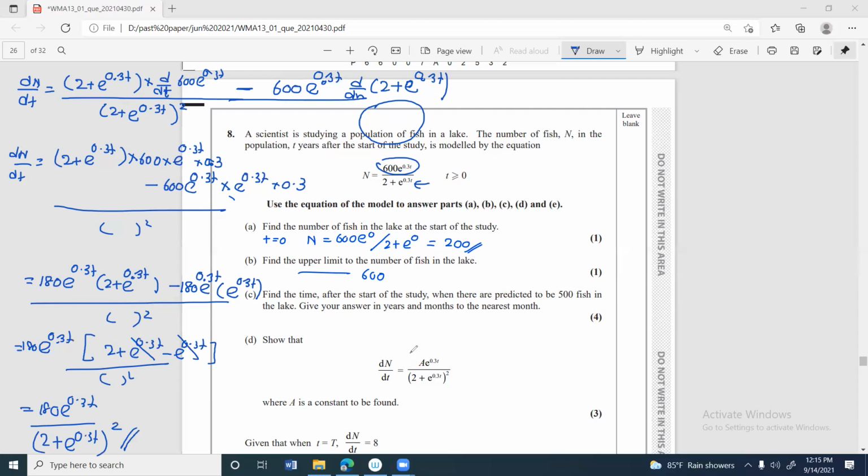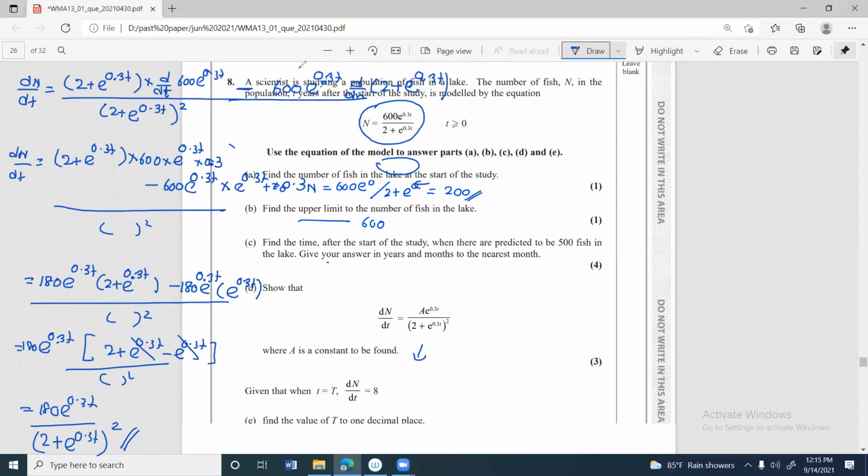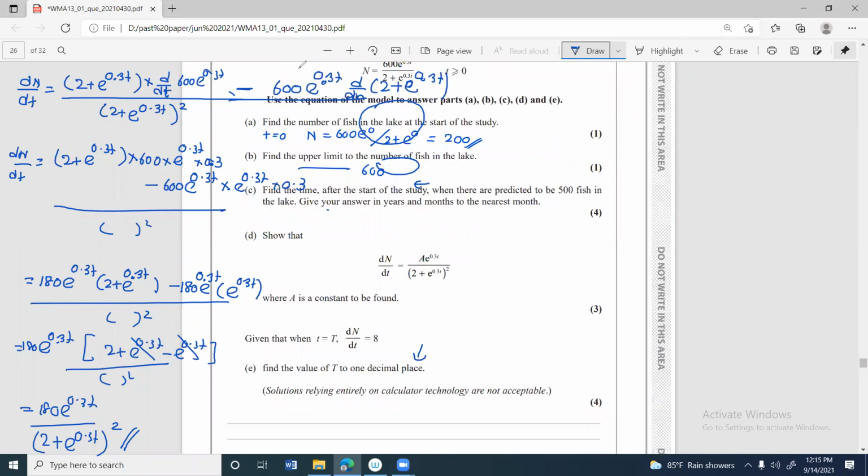According to this one, A becomes 180. Right. Okay. Then the next question is, given that when t equals to t, dn over dt is 8, find the value for t. That means you can say this way, 180 e to the power 0.3t divided by 2 plus e to the power 0.3t whole thing squared is equals to 8.